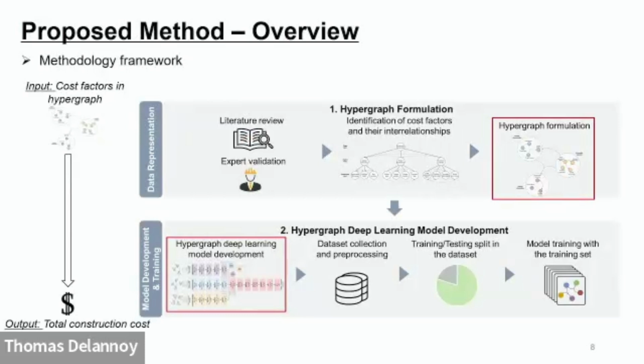There are two parts. The first part is the identification of the cost factors and also their interrelationships. We first identify these factors and their relationships, and then formulate the hypergraph representation. Based on it, we develop the hypergraph deep learning model to do the training and testing to finally output the construction cost. I will introduce the details in the following slides.